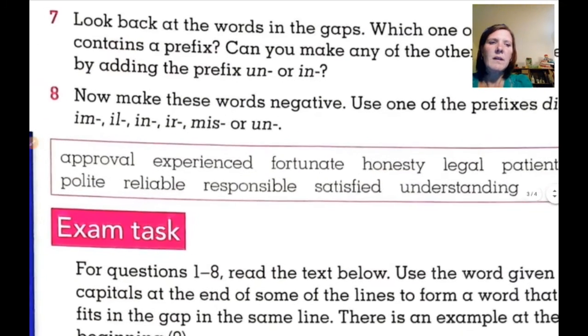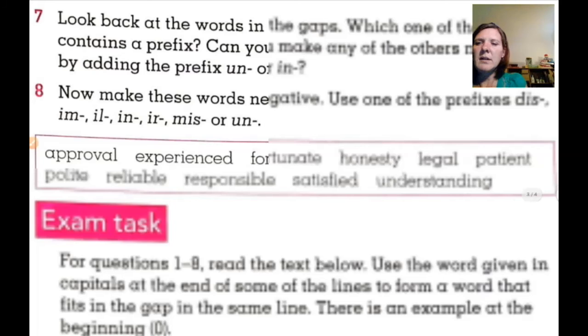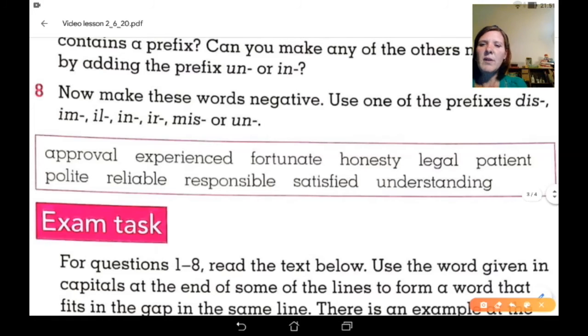Okay, so let's have a look at the first one. So the negative of approval is disapproval. Okay. Experienced, it's inexperienced, not unexperienced, but inexperienced. Unfortunate. Okay.